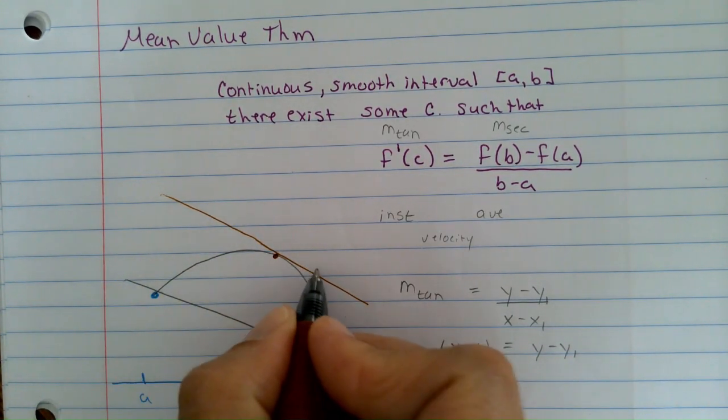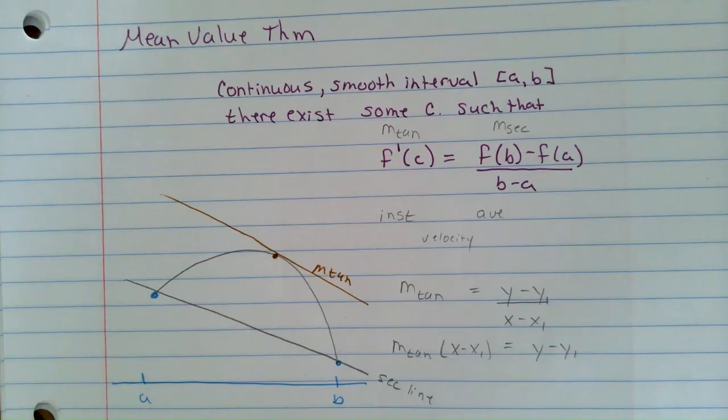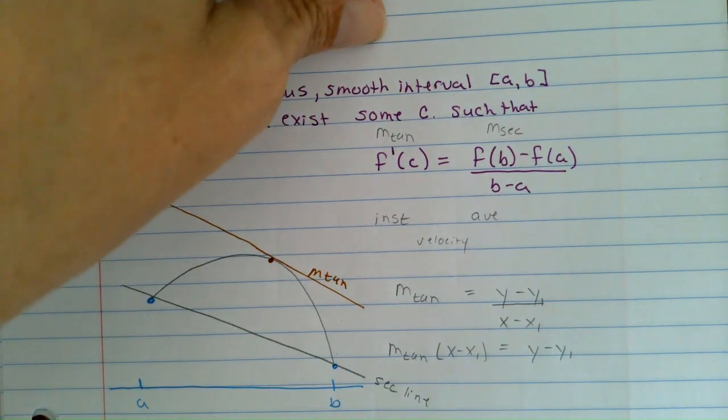That wasn't very parallel. Okay, that's all it's saying, is that the two slopes are equal. In other words, the lines are parallel. Your secant line is parallel to your tangent line. That's what the mean value theorem is all about. When is my instantaneous velocity equal to my average velocity? And it has to be on the window. So let's give that a try and see if we can't find it out.